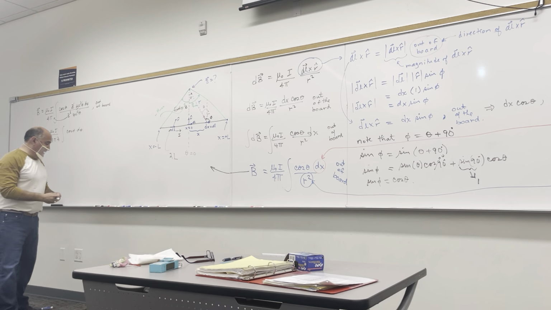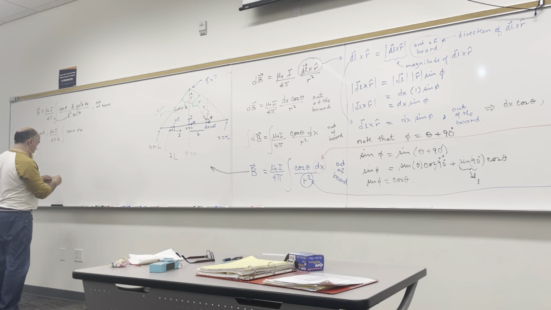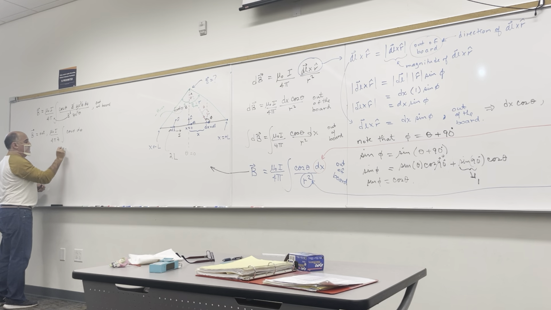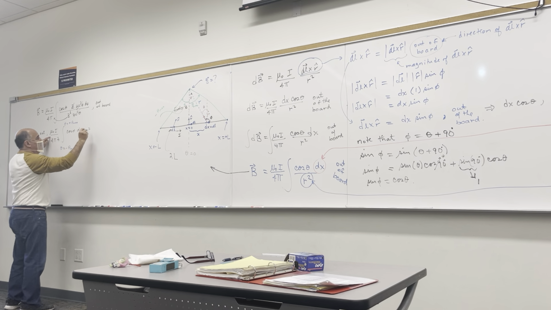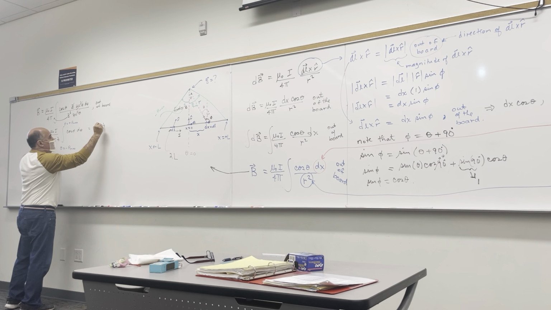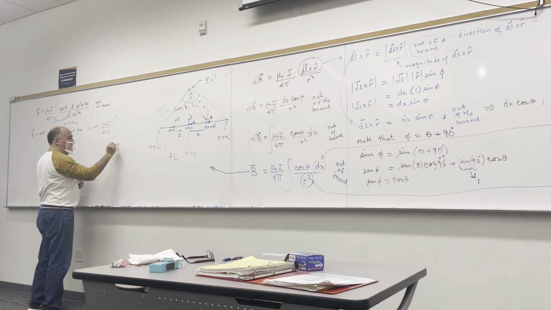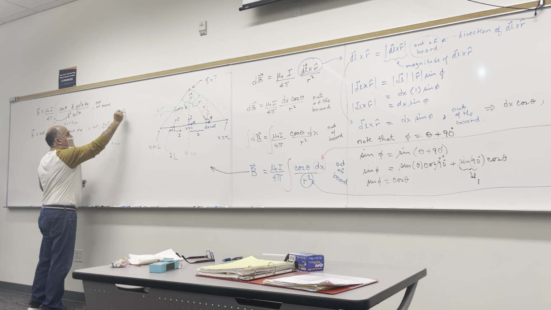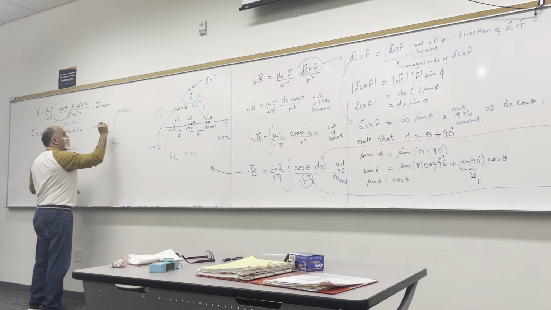Either way. So I could say that I'm integrating from theta equals minus theta max to theta equals plus theta max. Or I could say it's out of the board and then say mu naught I over 4 pi z, and then do the integral from theta equals 0 to theta max, but multiply by 2.